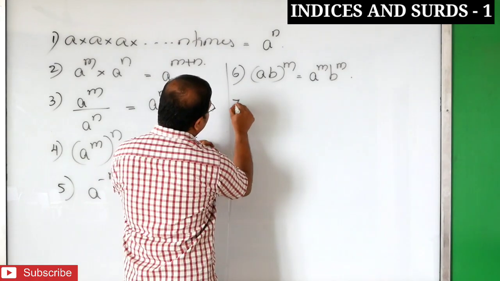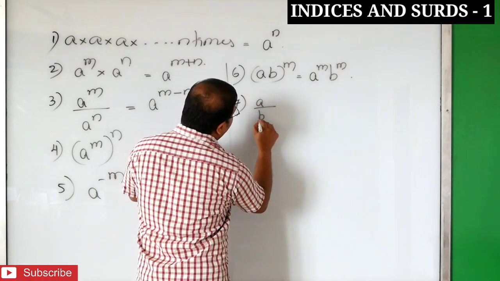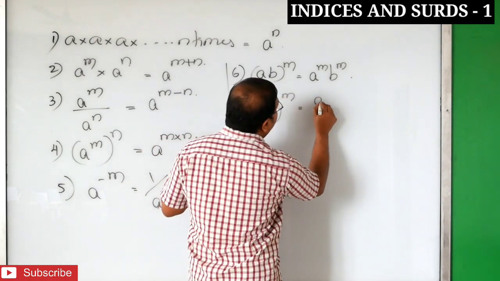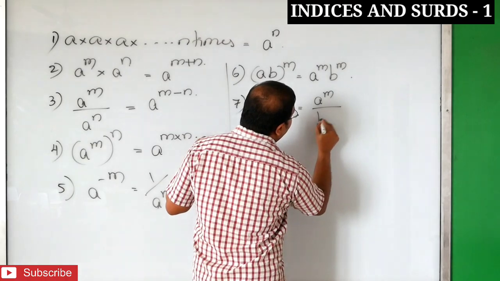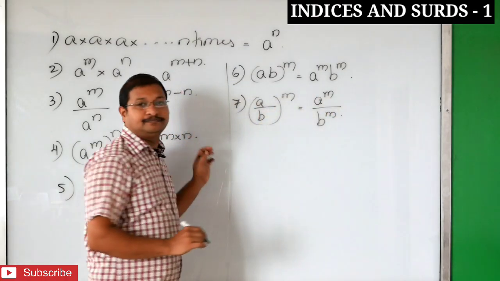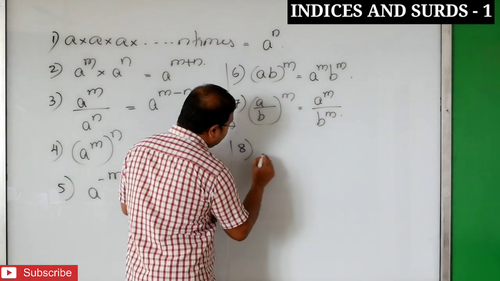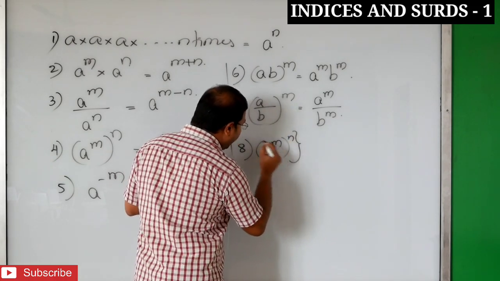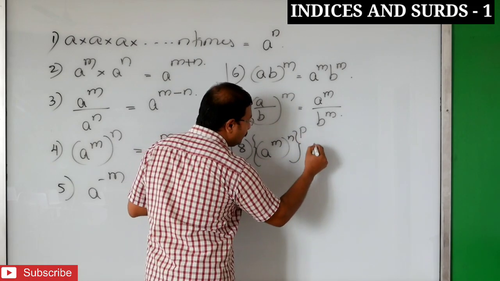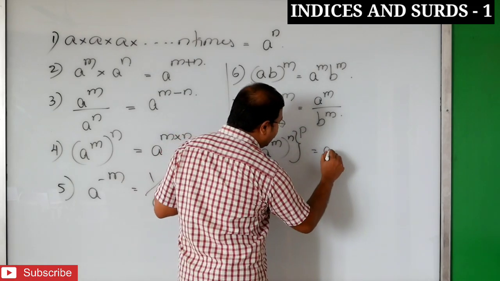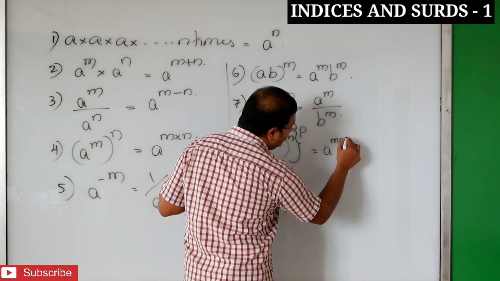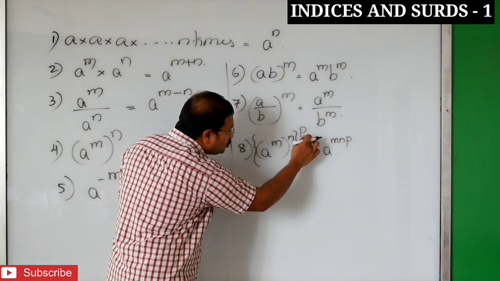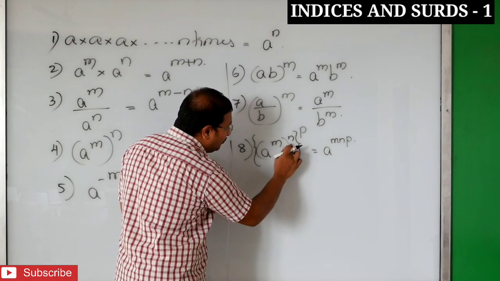After that, next one: a by b the whole raised to m equals a raised to m divided by b raised to m. Next equation, 8: a raised to m raised to n the whole raised to p equals a raised to m n p.